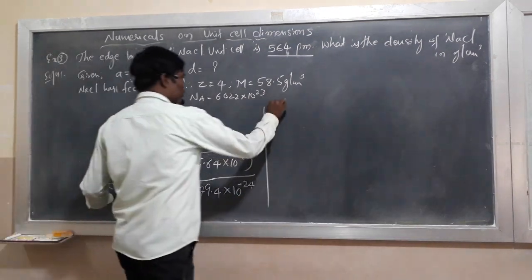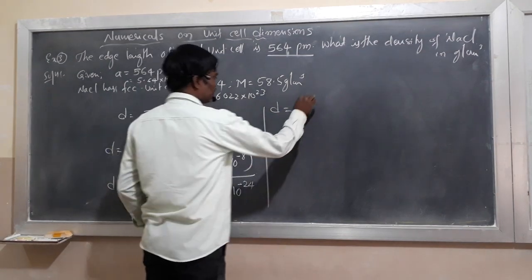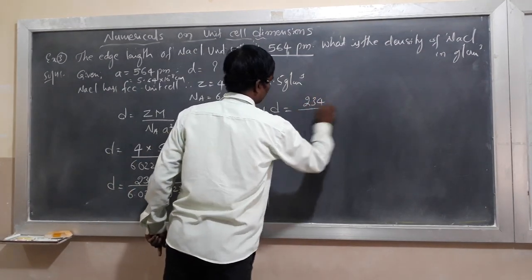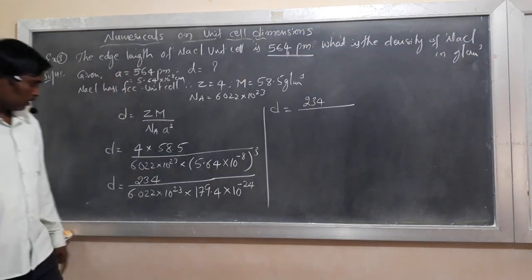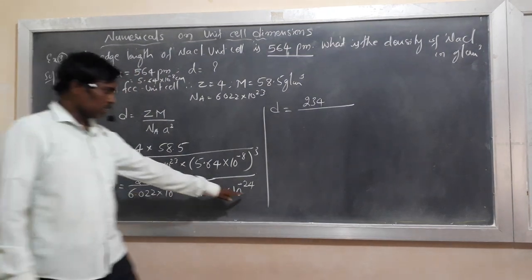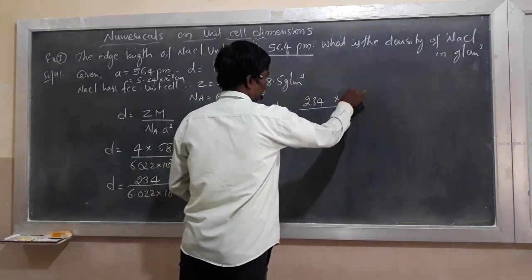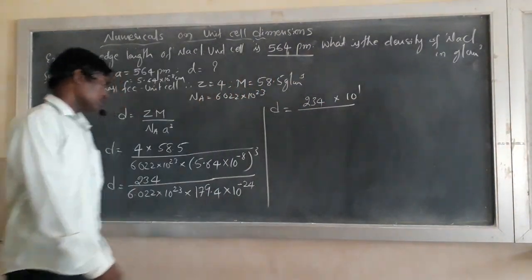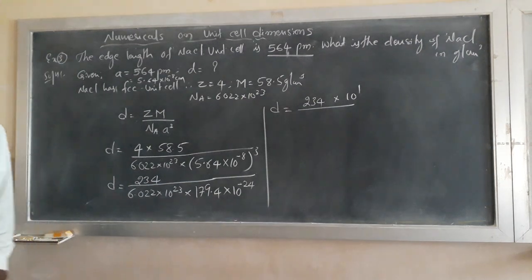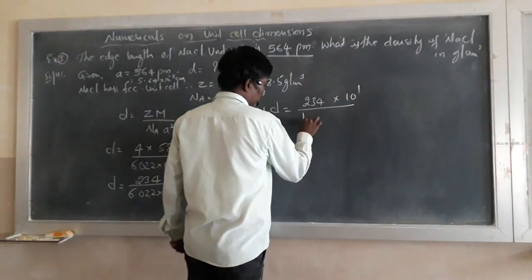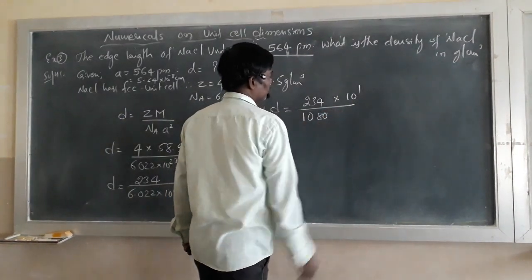Now density D is equal to, in the numerator 234 divided by, here 10 raised to 23 and 10 raised to minus 24 gives 10 raised to minus 1. So 10 raised to minus 1 goes to the numerator, it is 10 raised to plus 1. And 6.022 into 179.4, multiply, we'll get 1080.